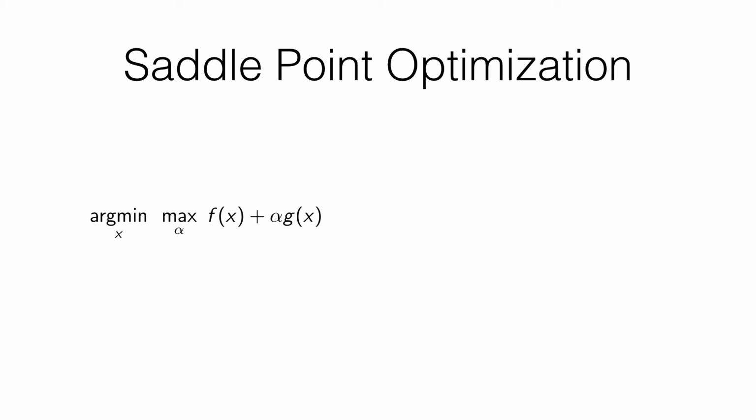Usually with Saddlepoint objective functions, we like to see the property that if you fix one of the variables, whether it's the variable being maximized over or the variable being minimized over, then the adversary's problem is well behaved.